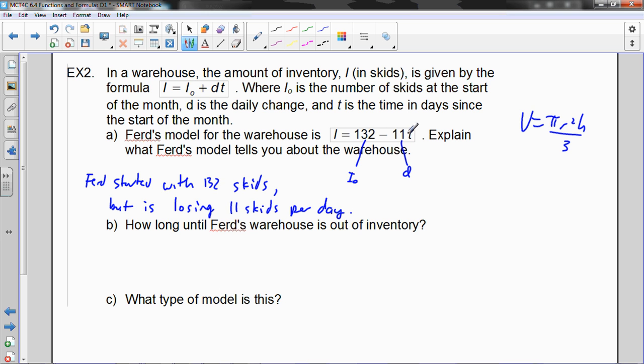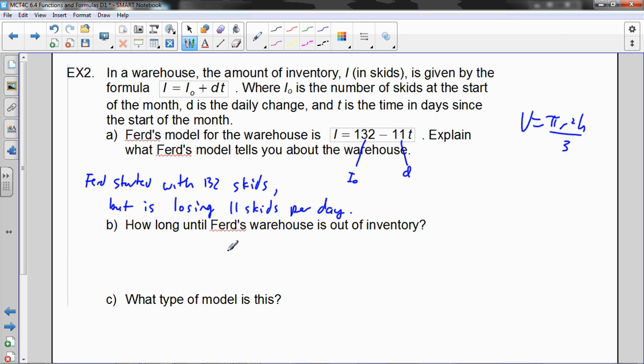It's a function, right? Where I think of T as being the input and I, the number of skids after T days, is the output. This looks like a function now, not a formula. But I just wanted to mention that in passing. This variable became a constant, and that variable became a constant. It went from a 4-variable formula to a function.